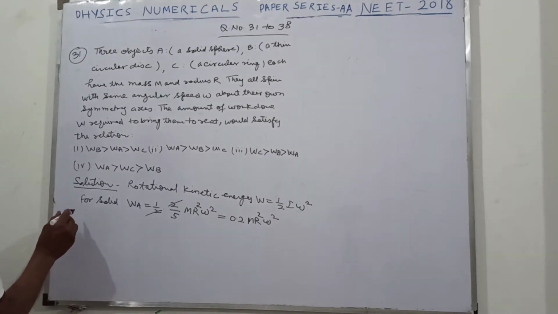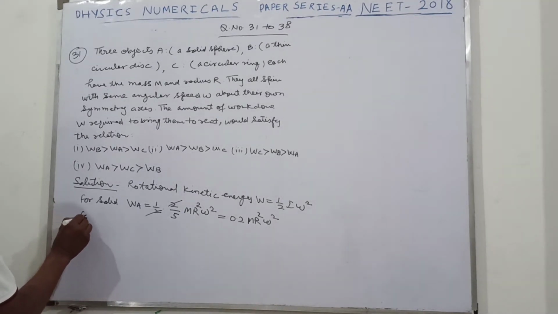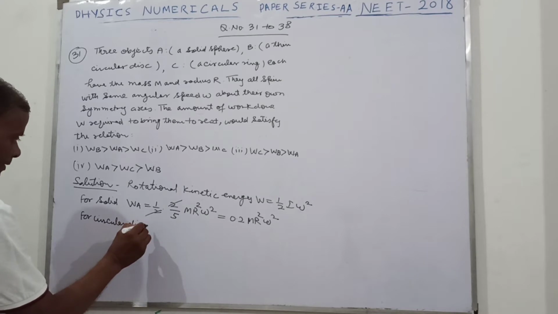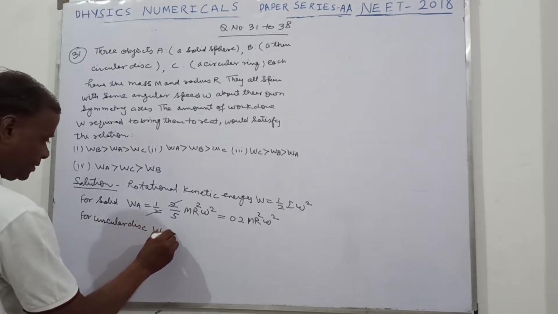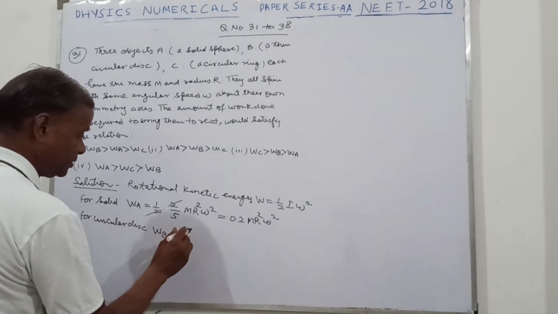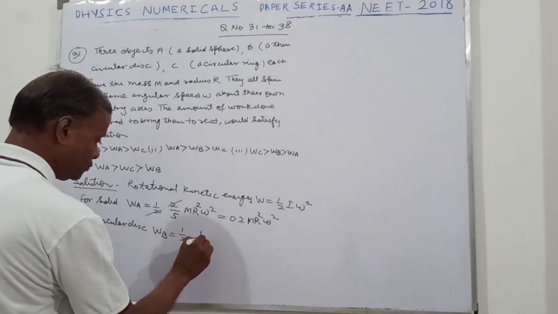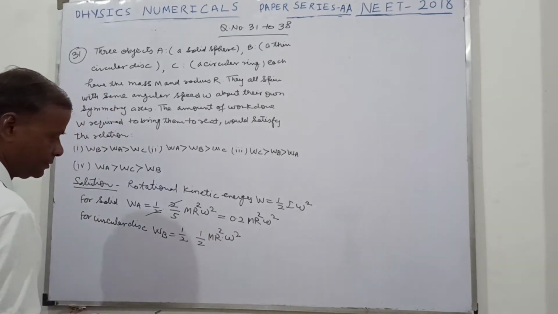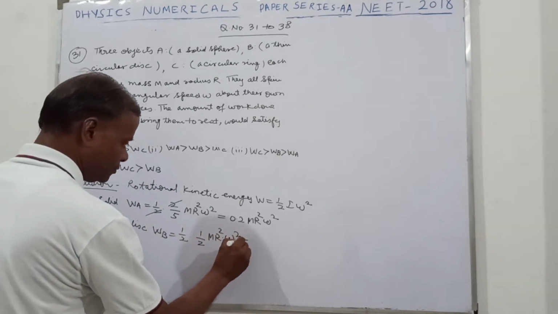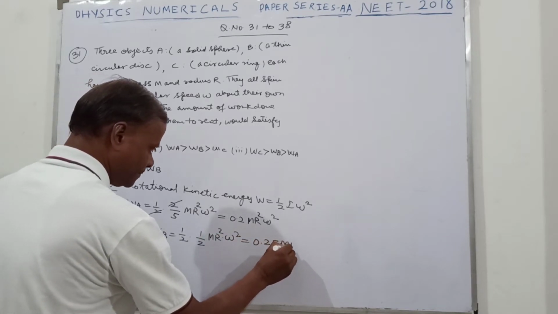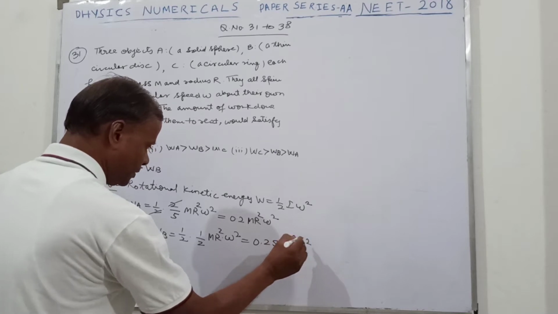Then the circular disc: WB equals half, and the moment of inertia of the disc about its own axis is 1 by 2 mr square, into omega square. This is 1 by 4, which is 0.25 mr square omega square.